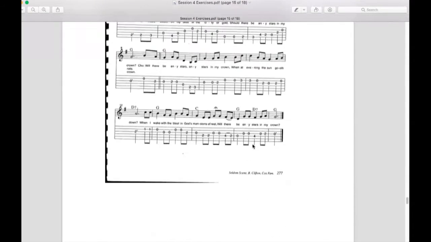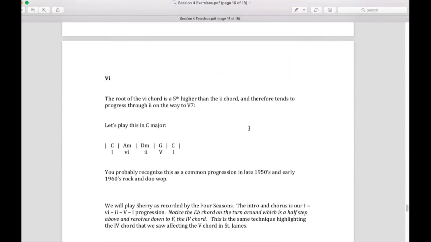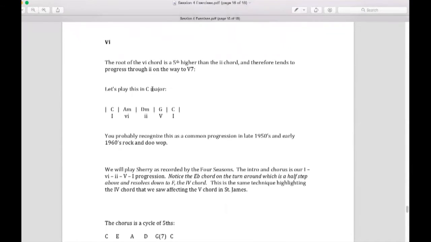And if you don't mind, I will do one more here that is very important. The 6 chord, the root of the 6 chord is a fifth higher than the 2 chord. So it progresses to 2, which progresses to 5, progressing to 1. So we get A goes to D, goes to G, to C. Down a 5, down 5, down 5.